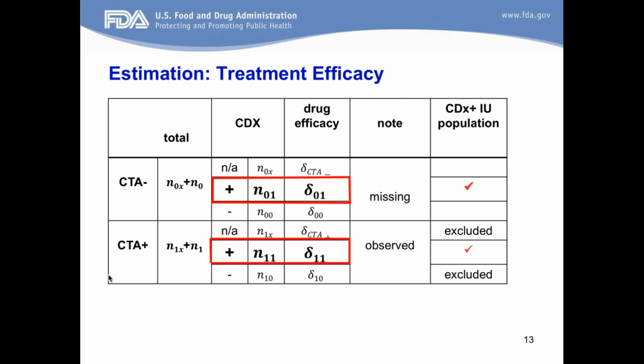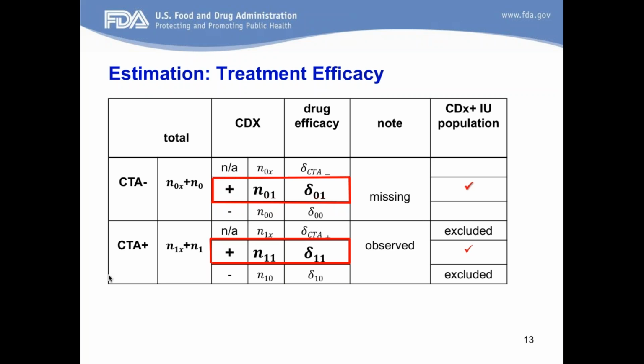Now the problem here is that, as I mentioned early on, in a typical selection test clinical trial design, CTA negative patients are not enrolled. So we cannot estimate delta 01 because they do not have clinical data at all. That's why I said this data is missing.